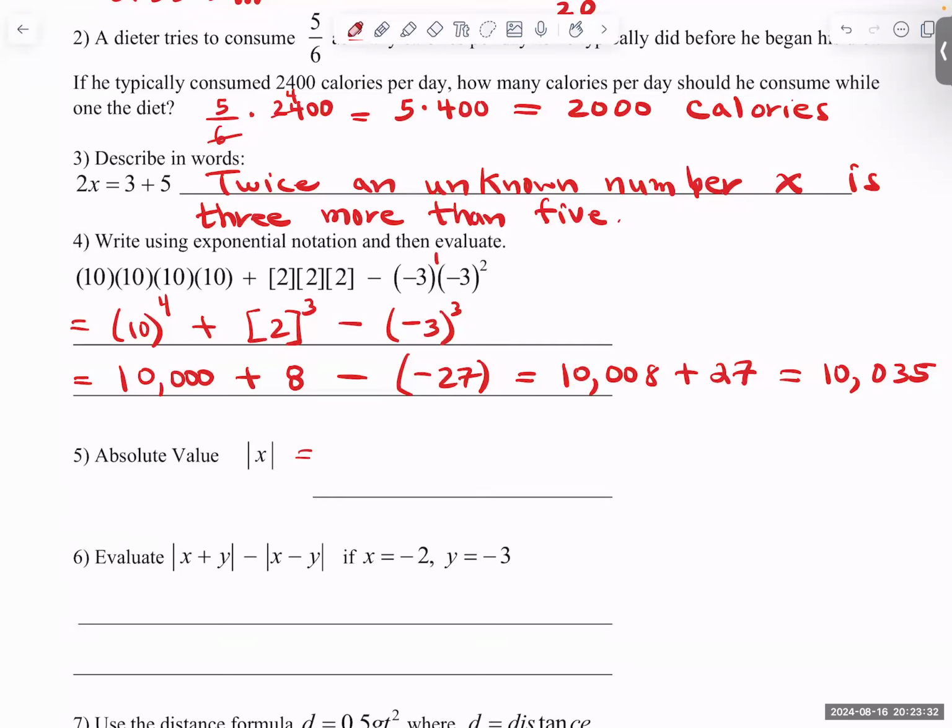First piece is if the number inside, called the argument, is a positive number or 0, then the absolute value of the number is itself. If the number is positive or 0, in other words, if the number is non-negative.